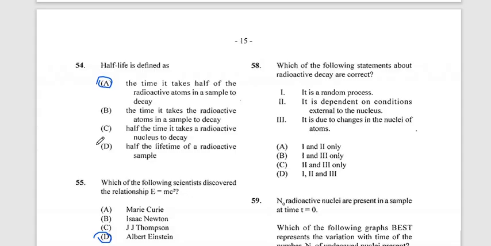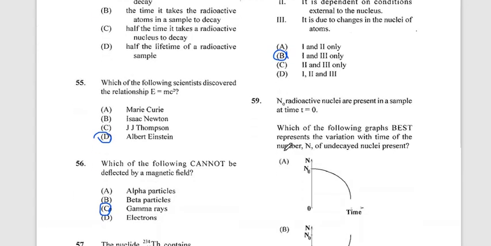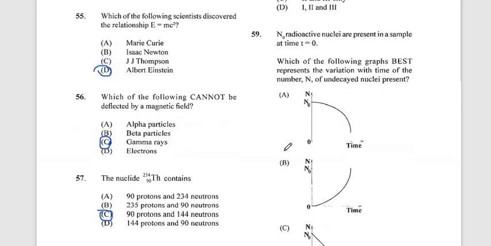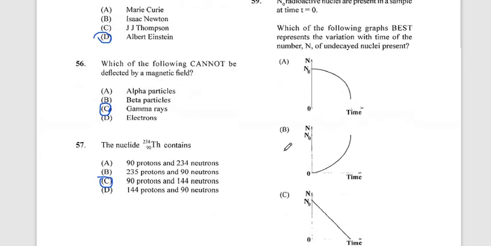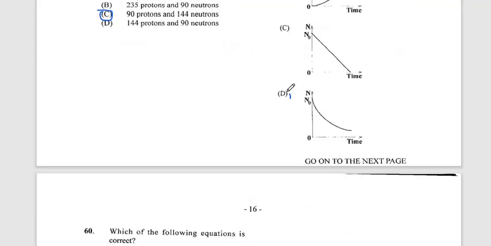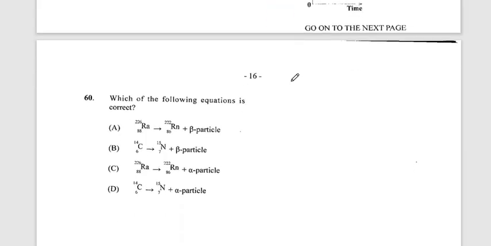B. It is a random process, and also it is due to changes in the nuclei of atoms. 59. Which of the following graphs best represents the variation with time of the number n of undecayed nuclei present? D. 60. Which of the following equations is correct? C.